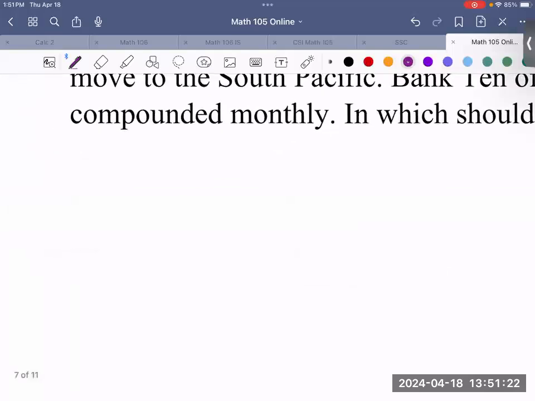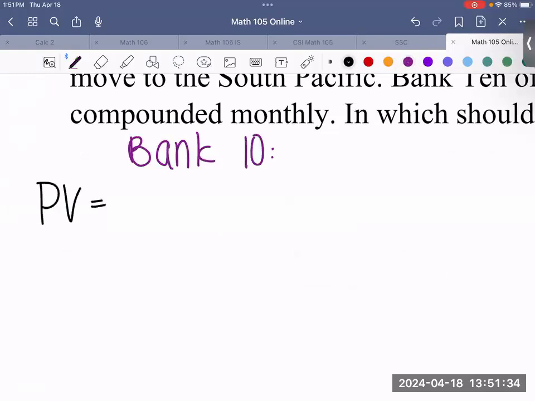All right, so we are going with Bank 10. Your present value, we just won the lottery, so it's $1 million. Now we can keep everything in millions, or you can write the whole million value.